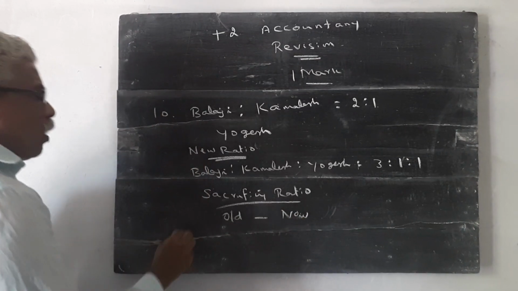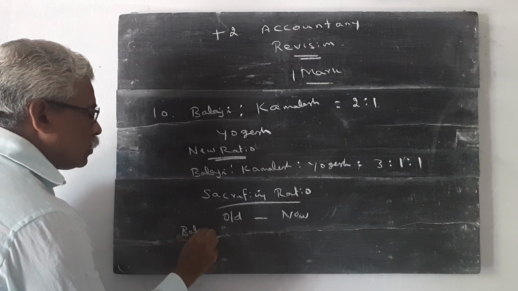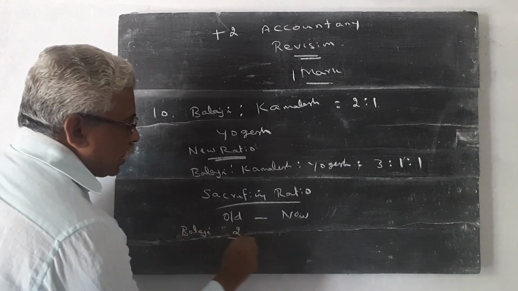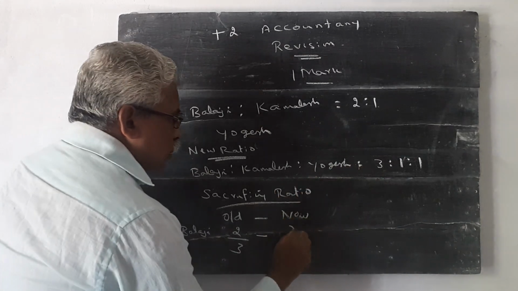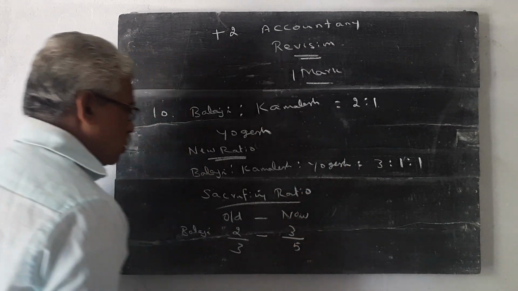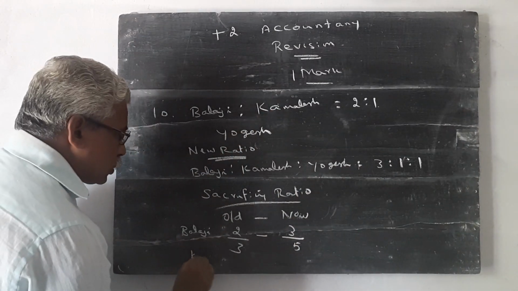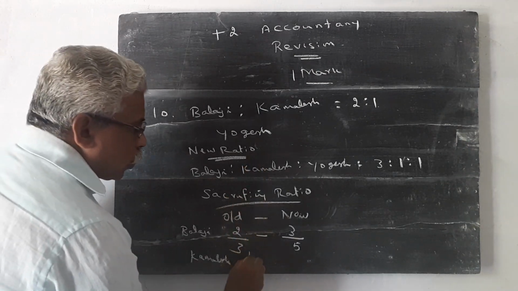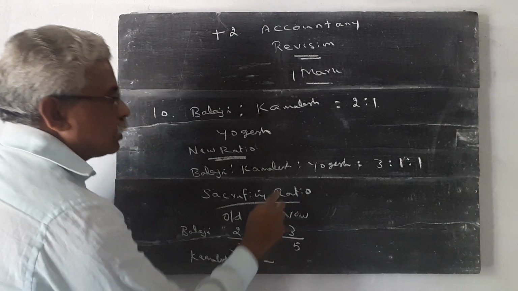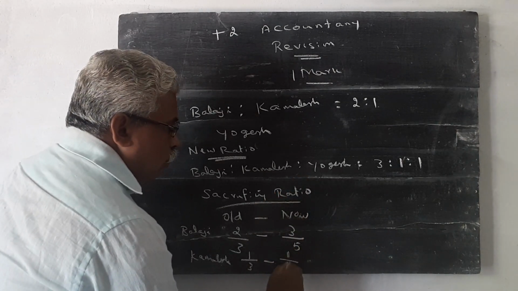Balaji's old ratio is 2/3 minus new ratio 3/5. Then the second partner Kamalesh: old ratio is 1/3 minus 1/5.